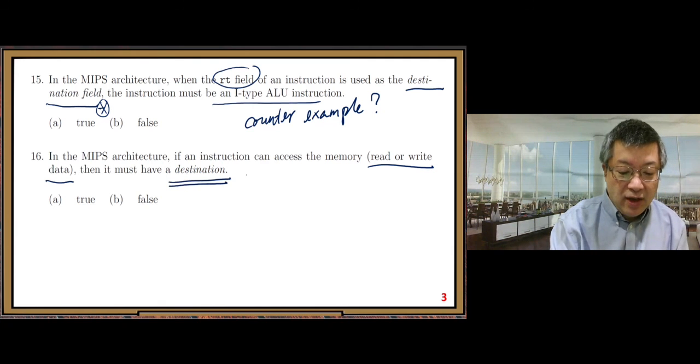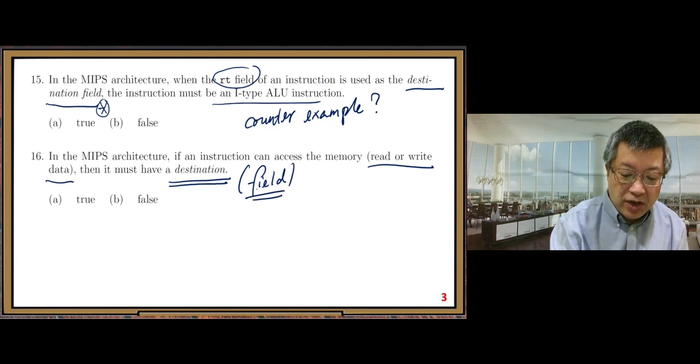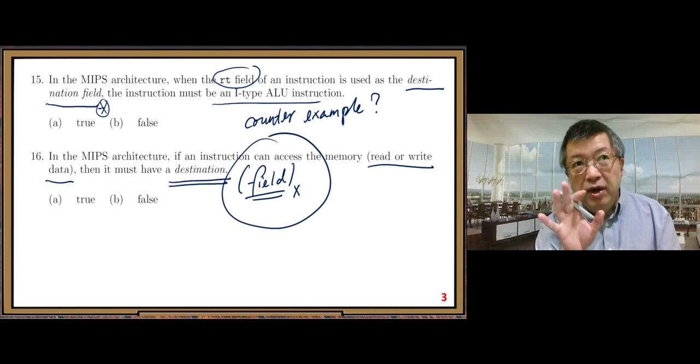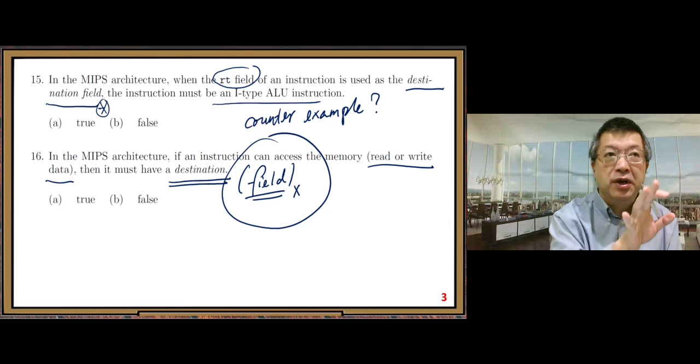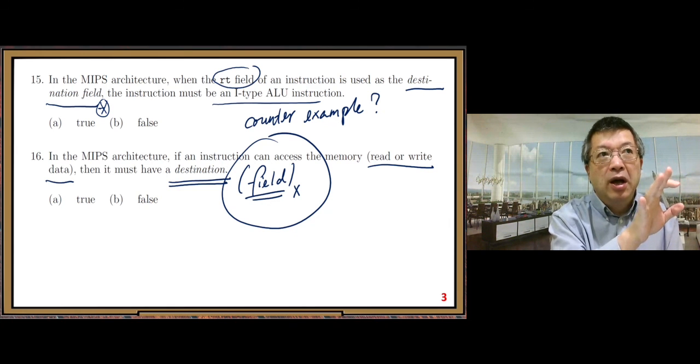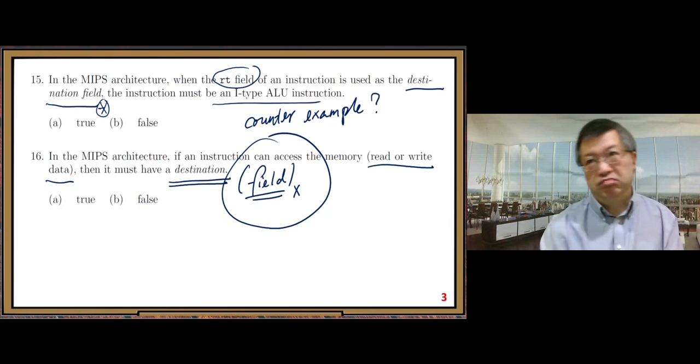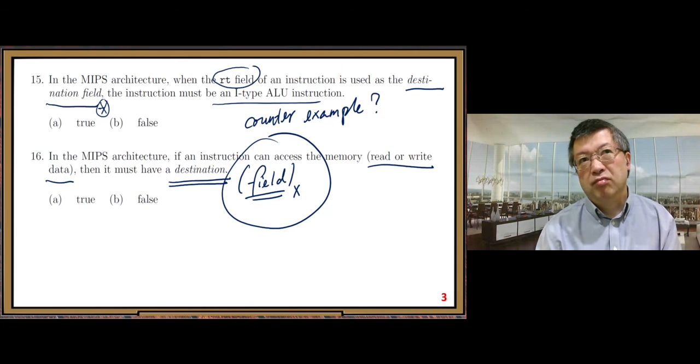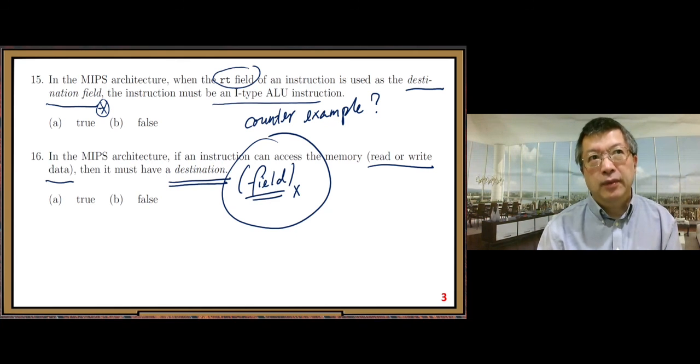Here I do not say destination field, I just say destination. So even if there is no destination field, you can still consider whether there is a destination.